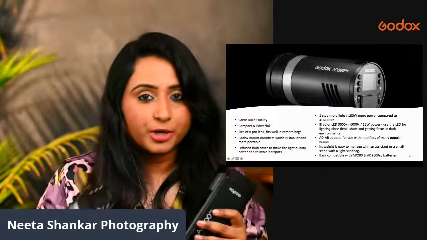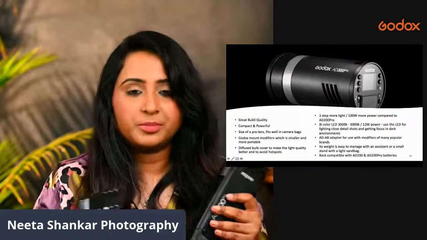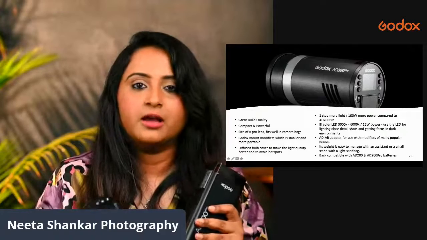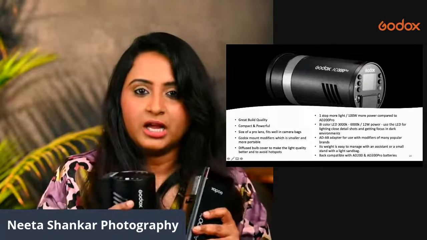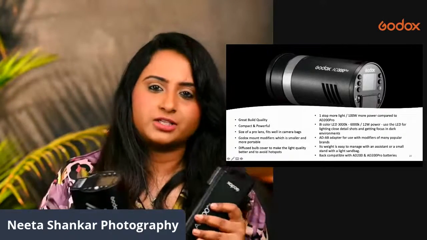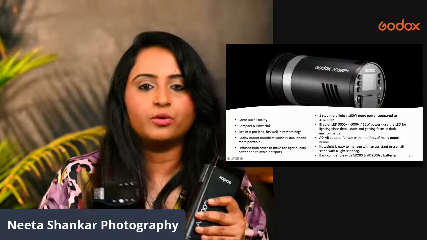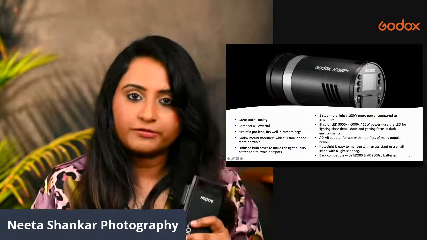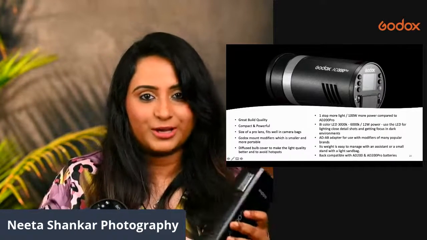Sometimes you may not have the space, sometimes people may knock it off, and it becomes very difficult, especially in South Indian weddings, when there will be a lot of people on the stage during the muhurtam, when the rituals are going on. So you don't want someone to accidentally knock off your light. It has happened to me a lot of times in the past.